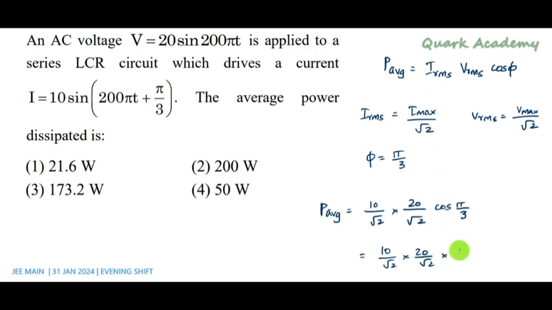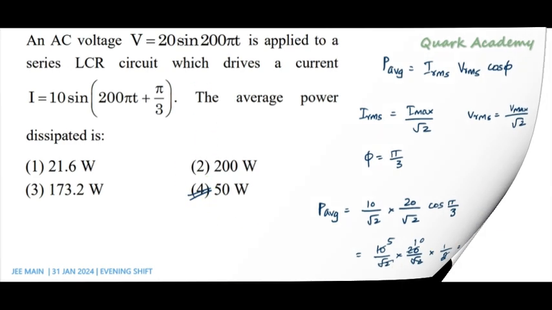Cos pi by 3 is 1 by 2. So if we simplify, we get 5. Root 2 squared is 2 and 20 by 2 is 10. So we get 50 watt. Fourth option.